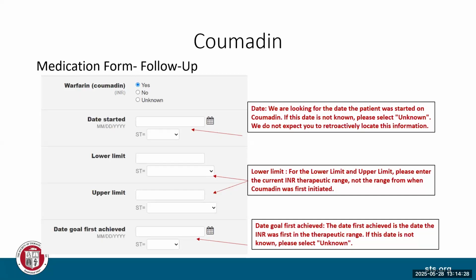We don't expect you to, Carl, go back and enter any retrospective data, just if you currently have it. I have been using the date the Coumadin was started. Yeah, so for this, Lori, for this first field, the date started is the date that the Coumadin was started.